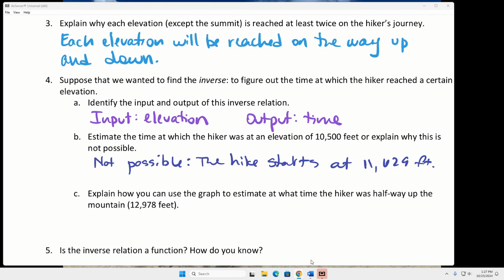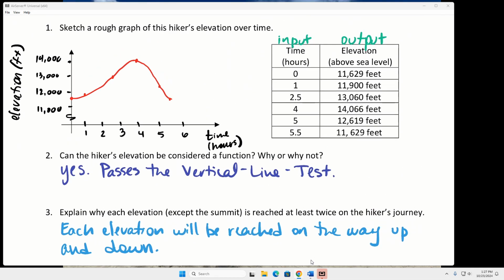Right, and then C asks us to explain how you can use the graph to estimate at what time the hiker was halfway up the mountain, which is 12,978 feet. So what I would do is just draw like a horizontal line at about 13,000. So that's very, very close. All right, and then wherever those intersect, that's going to be your times.